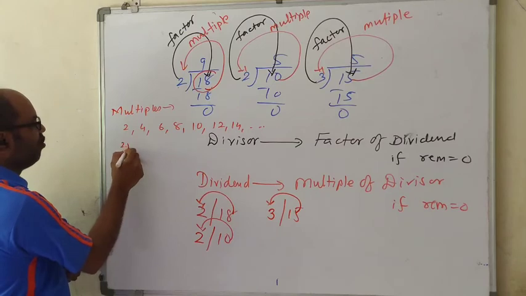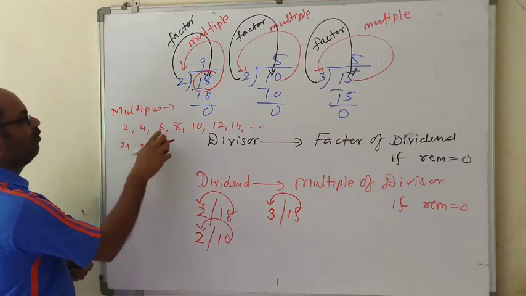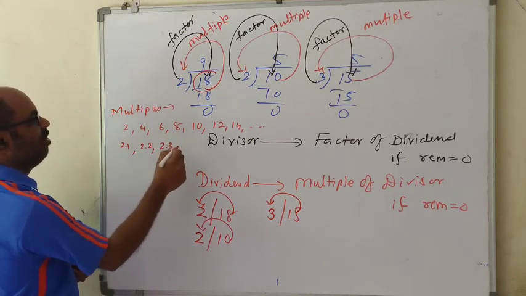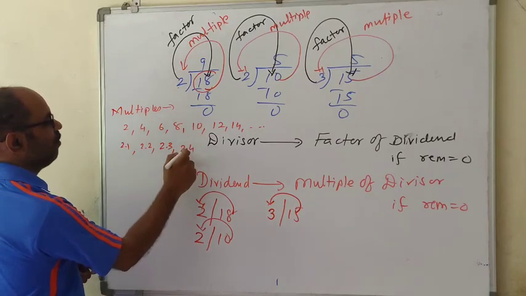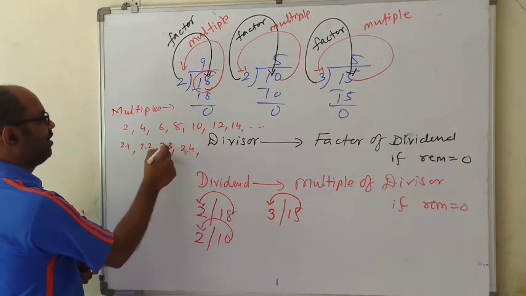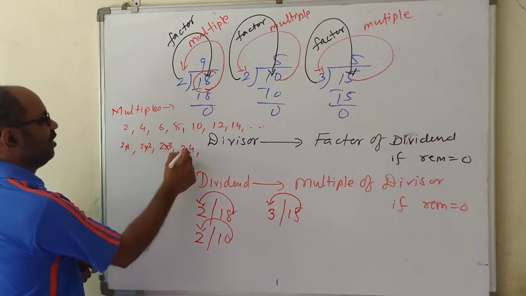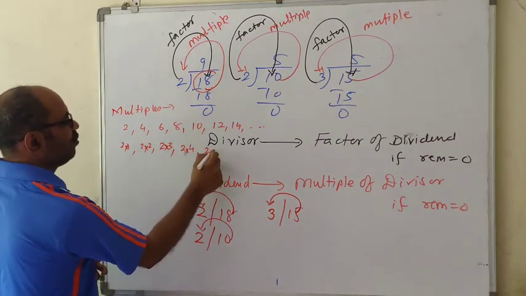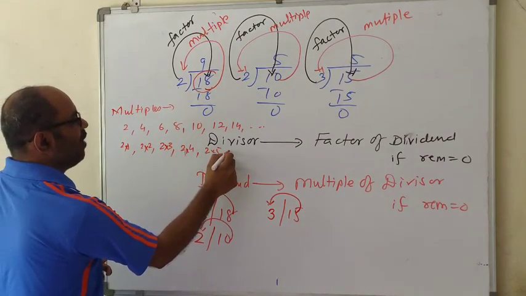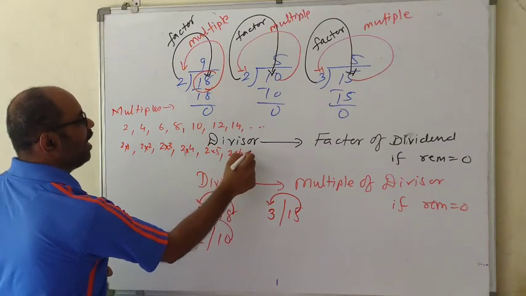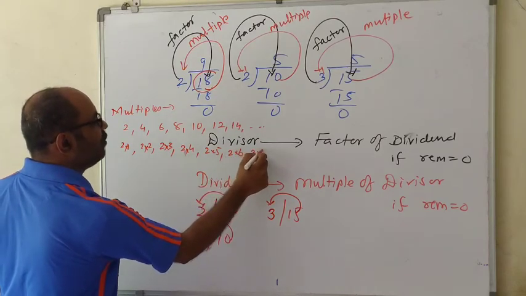That means 2 into 1, 2 into 2, 6 is 2 into 3, 8 is 2 into 4. It's not 2 point, it's 2 into, children. 10 is 2 into 5, 12 is 2 into 6 and 14 is 2 into 7 and so on.